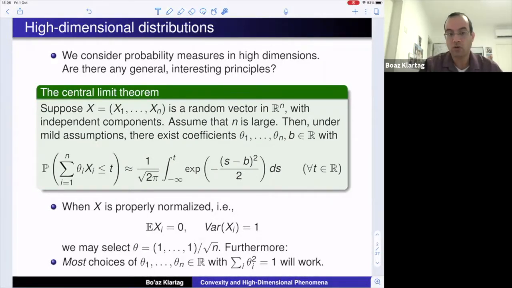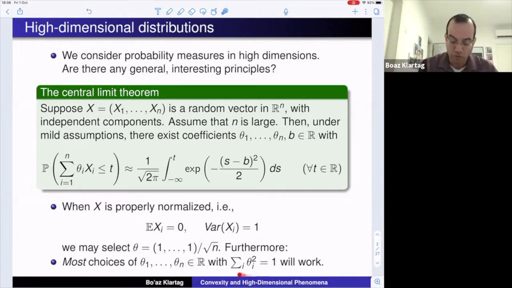But actually, it's not only these unit vectors that work. Under this normalization of mean 0, variance 1, we also know that most choices of vectors of coefficients, theta 1 up to theta n, most choices of unit vectors of coefficients work. And by most, I refer to the uniform probability measure on the sphere.